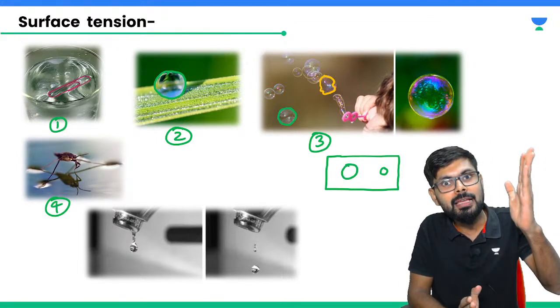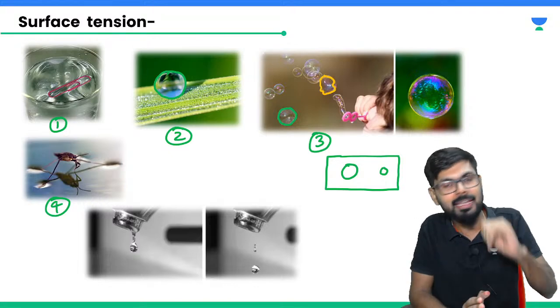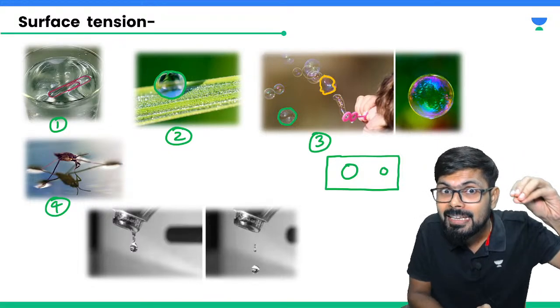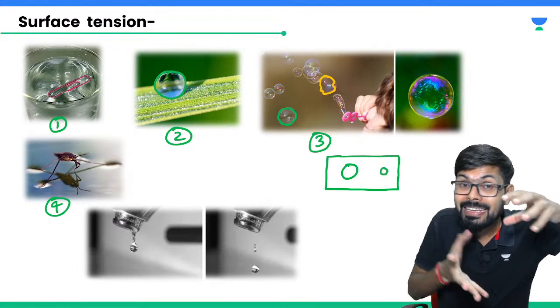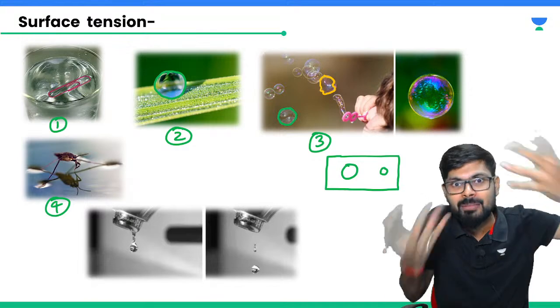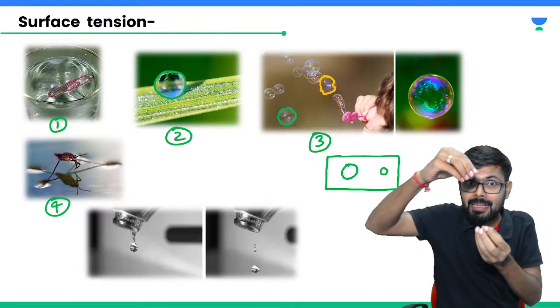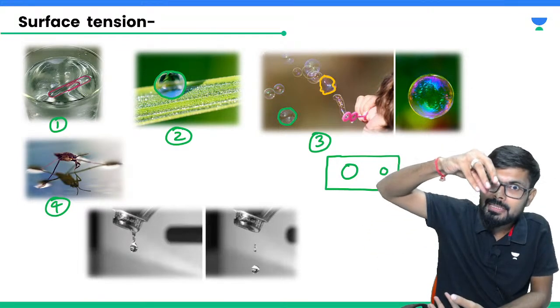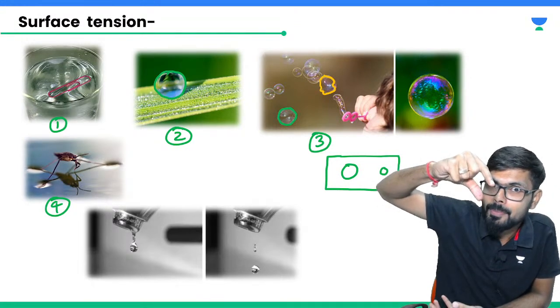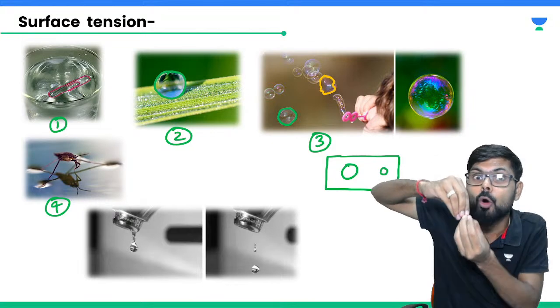Now, take the example of mercury and water. Mercury surface tension is more, so it can sustain more mg. More mg means the droplet size will be big. Mercury droplet size will be big because it can handle more.